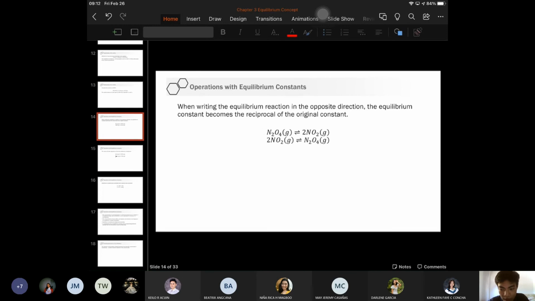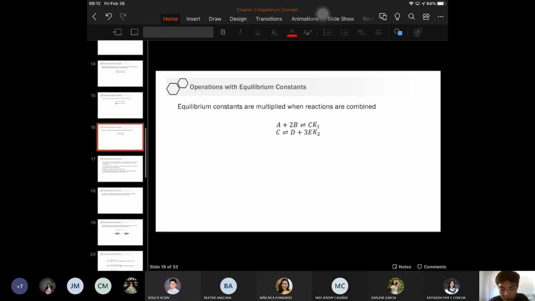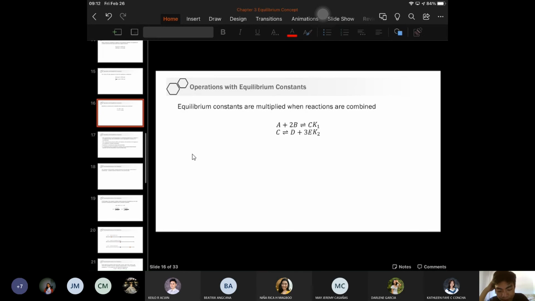If you flip the equation, the K value will be reciprocated. If you divide the equation by 2, the K value will be its square root. If you multiply the equation by 2, the K value will be squared, and so forth. When you combine equilibrium constants, you multiply the K values.